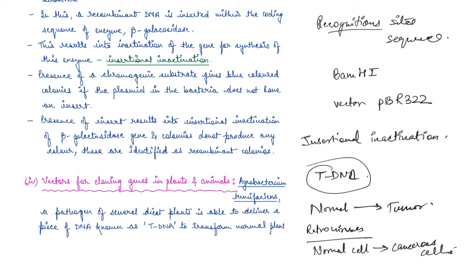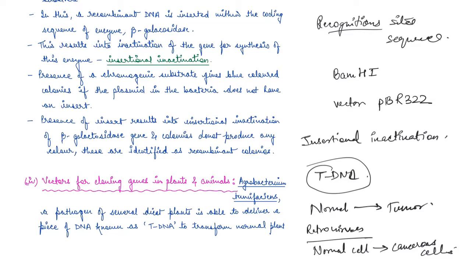So what they are doing is they are causing harm. But this basically led to the discovery of transferring good DNA, which can be helpful in several diseases, into a host as well, right?